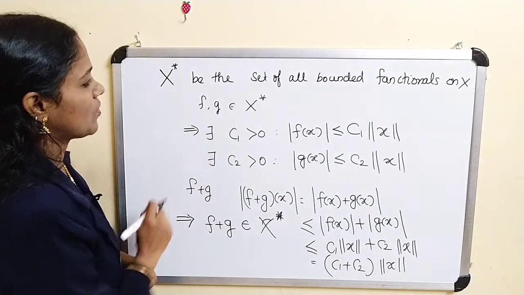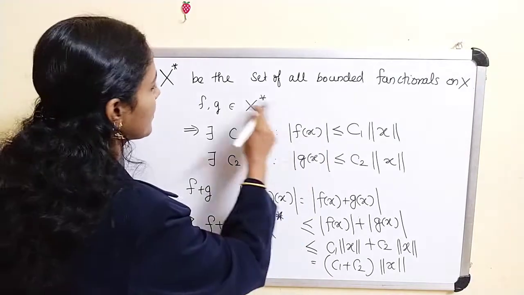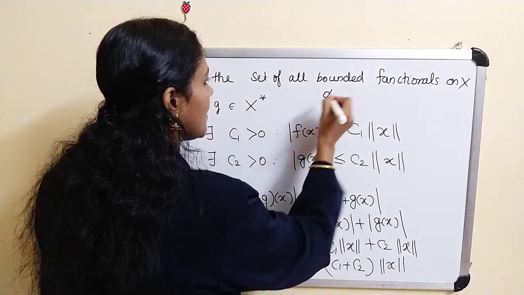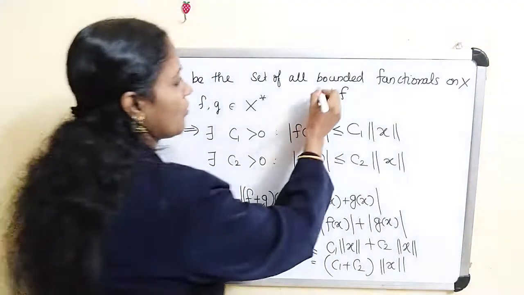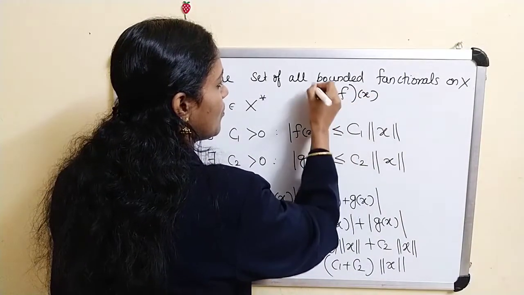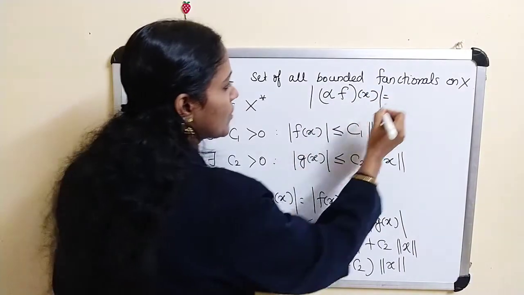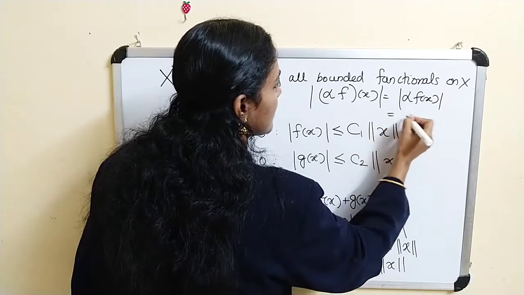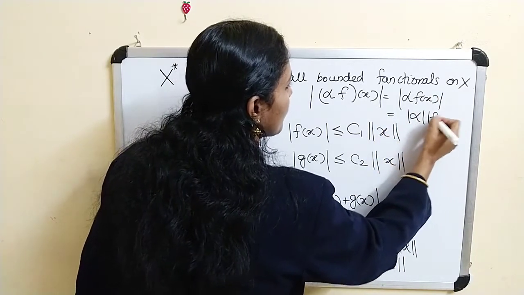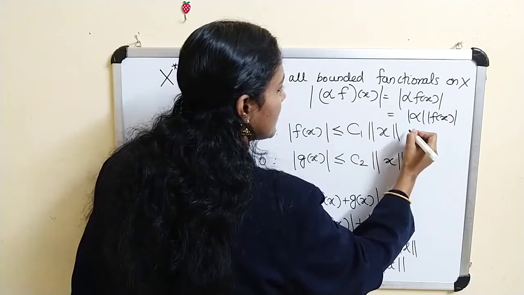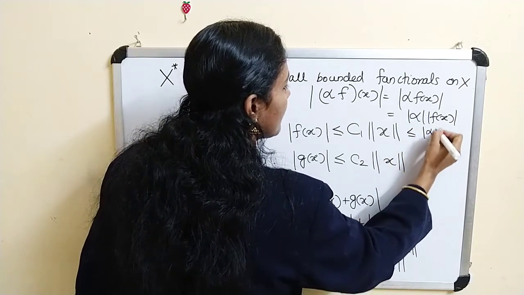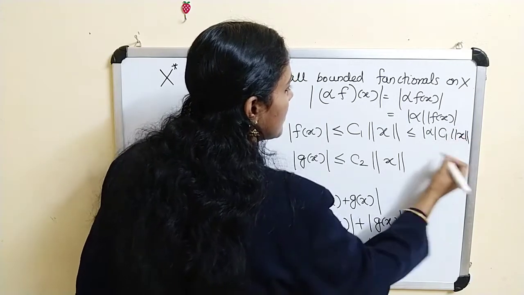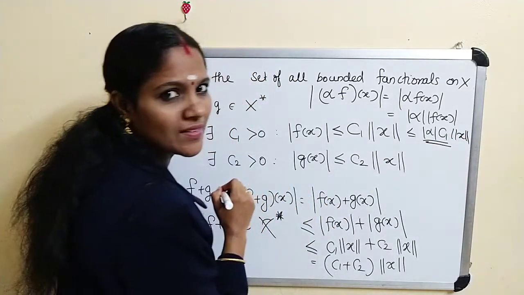Now you take some constant. Here we already used c, so you can use some alpha. Let alpha be any scalar. Now what about alpha f of x? Modulus of alpha f of x is equal to mod alpha into mod f of x, and this is less than or equal to mod alpha into some c1 norm of x, and this is again a constant.